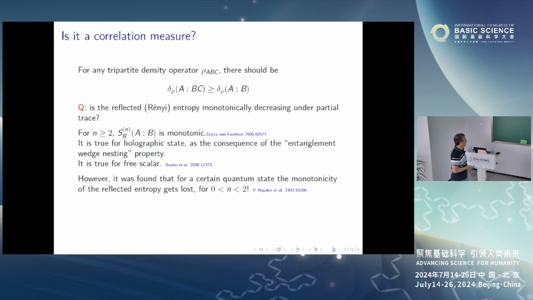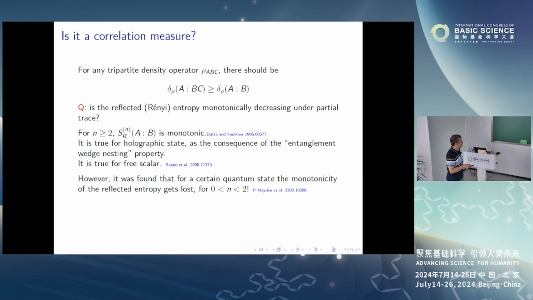But interestingly, last year it was found that for a certain quantum system, some kind of tensor network state in a very simple setup, the monotonicity of the reflected entropy gets lost in the region when n is smaller than 2.